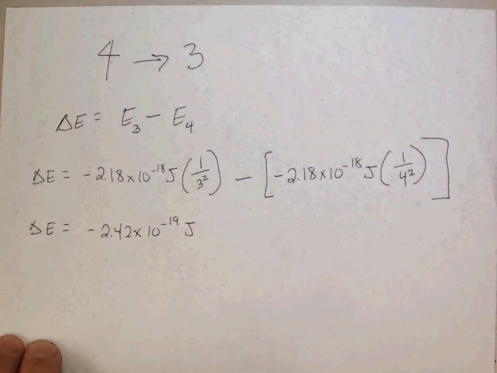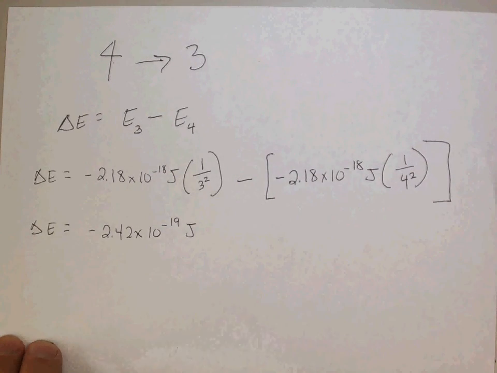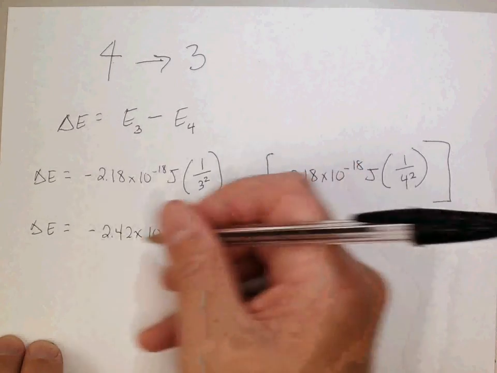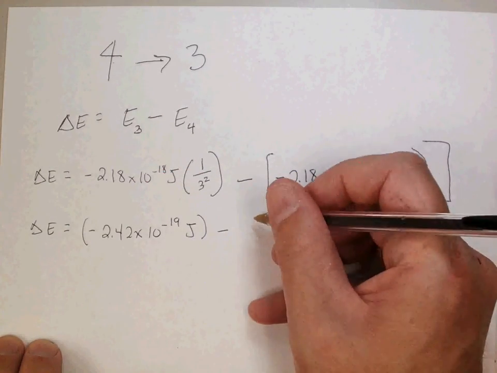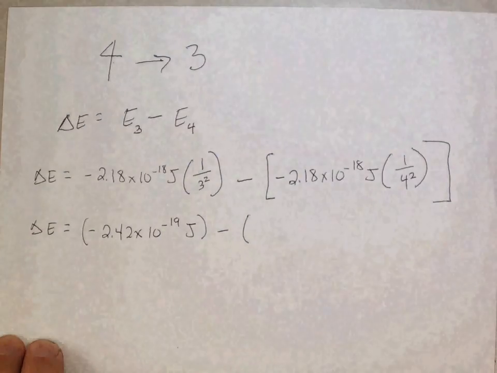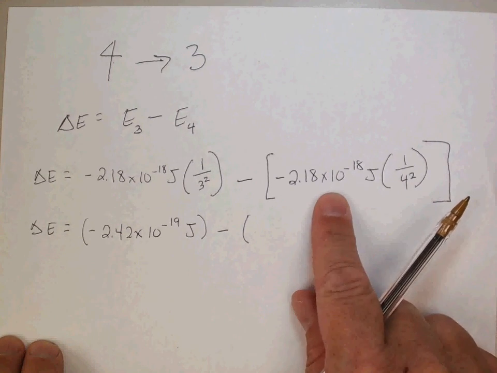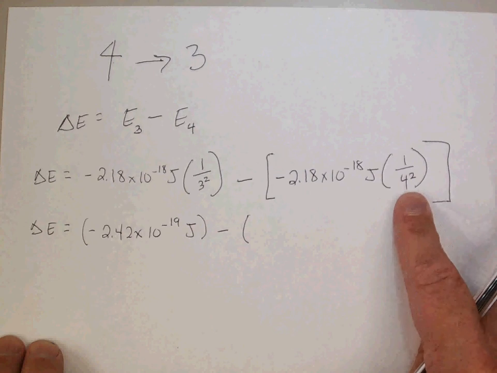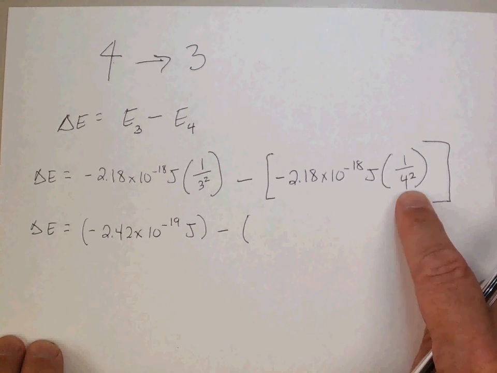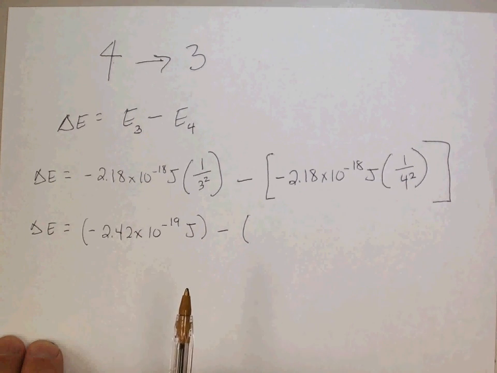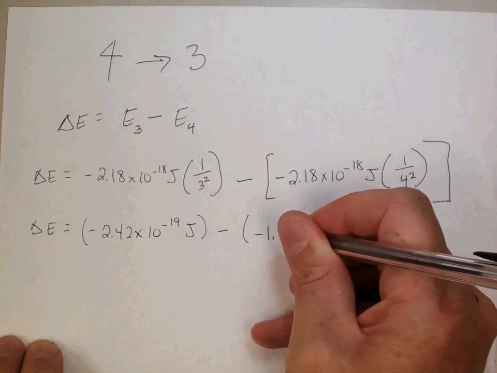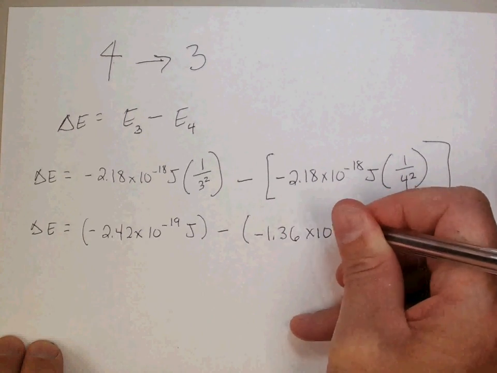So that's approximately how much energy energy level 3 has. Then we're going to subtract that from the energy in energy level 4. So we take negative 2.18 times 10 to the negative 18 times 1 over 16, which is 4 squared, and that's negative 1.36 times 10 to the negative 19.